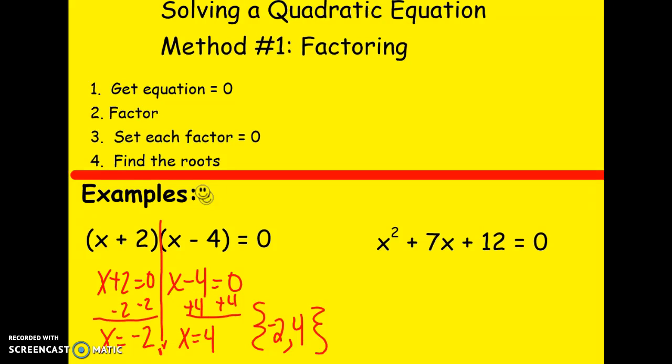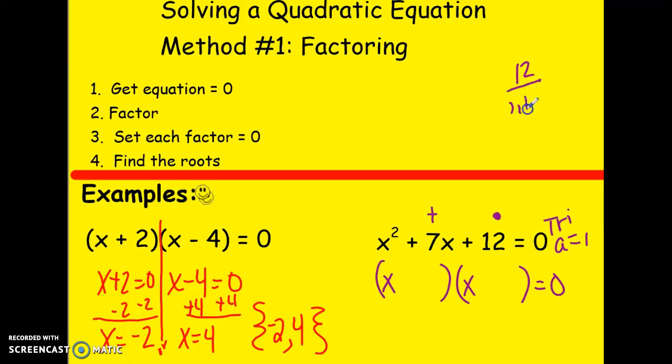Now, in my second example, we don't have the factors. We don't have a product, so we have to factor. So we know this is a trinomial when a is 1. So it's what multiplies to 12 and adds to 7. Miss Irving, we used to make a list of the numbers that multiply to 12 and then what adds to 7.